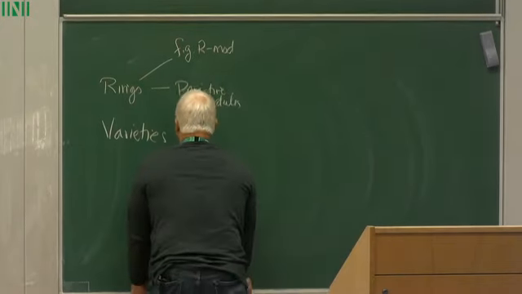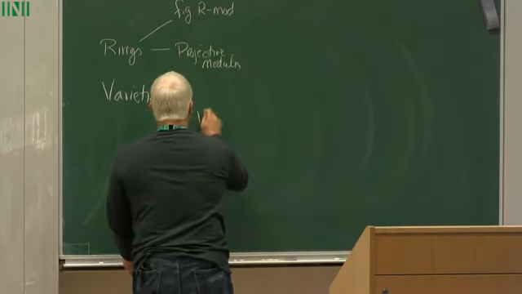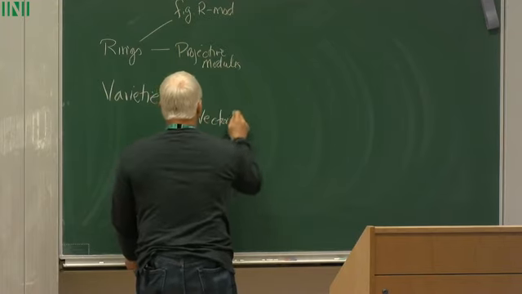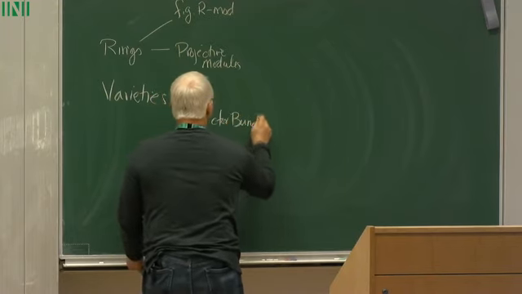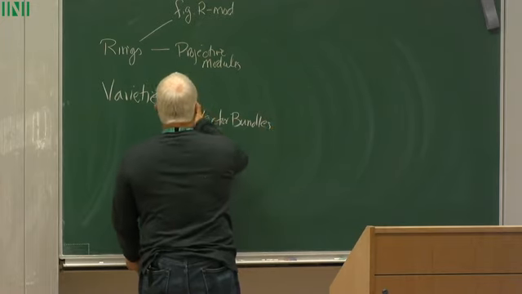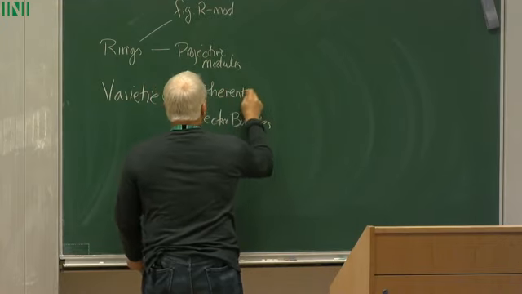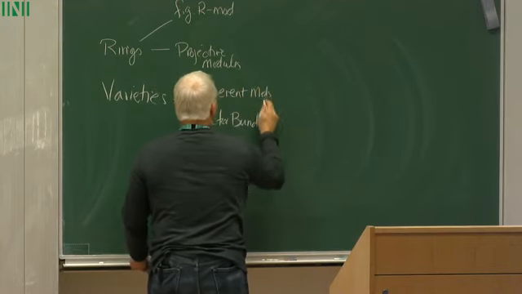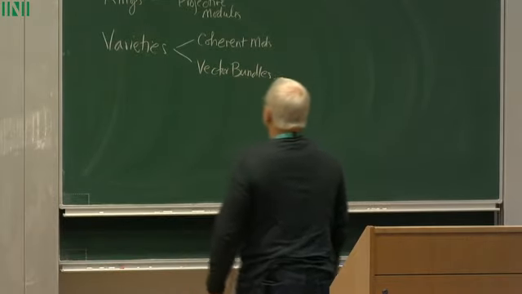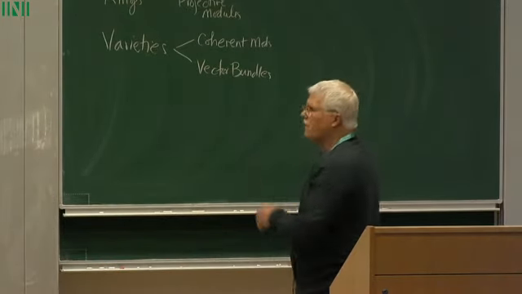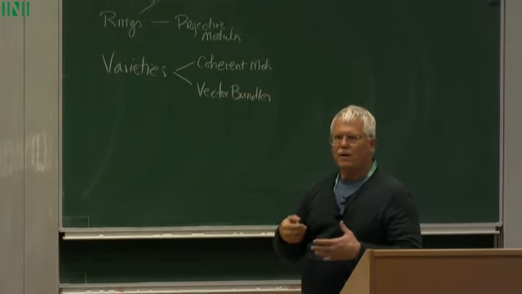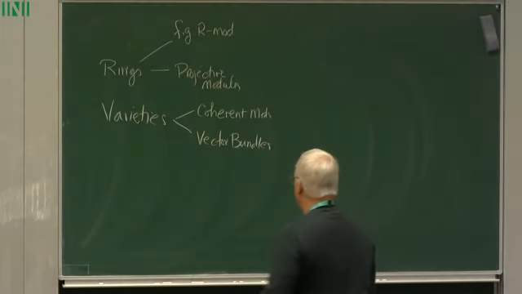For varieties, we can do the same thing. We can talk about vector bundles, or we can talk about coherent modules. So the K-theory is based on this sort of a basic understanding.